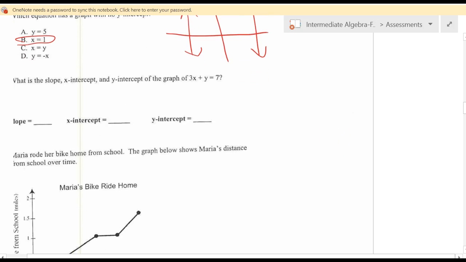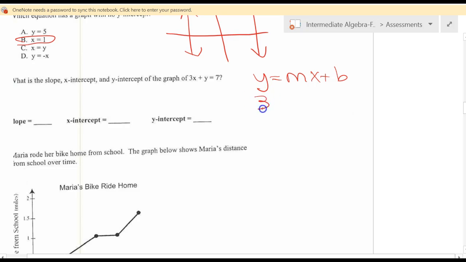The next question says, what is the slope, the x-intercept, and the y-intercept of the graph 3x plus y equals 7? So this takes us back to the basics of y equals mx plus b. And our equation is not set up in y equals mx plus b format.